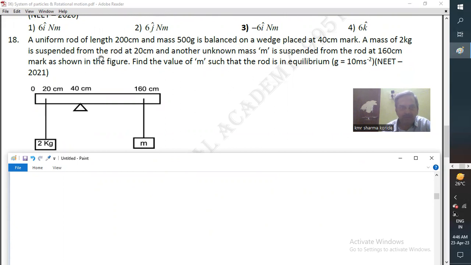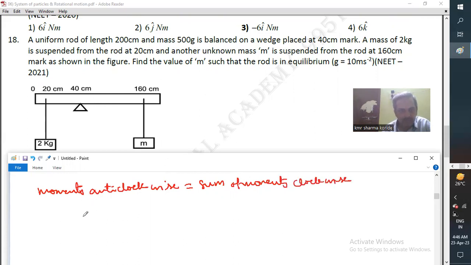A mass of 2 kg is suspended from the rod at 20 centimeters and another unknown mass M is suspended from the rod at the 160 centimeter mark as shown in the figure. Find the value of M such that the rod is in equilibrium. So you remember, the principle of moments is: the algebraic sum of moments anti-clockwise is equal to the sum of moments clockwise.